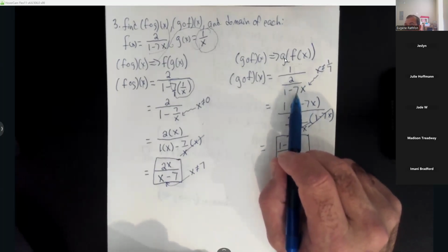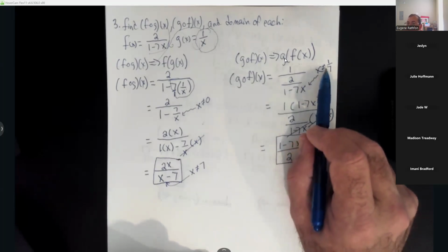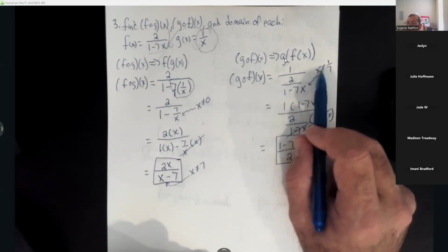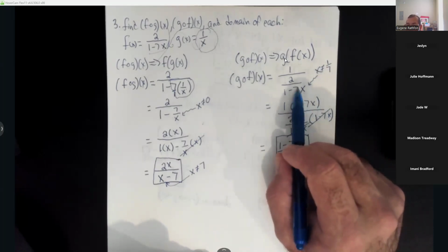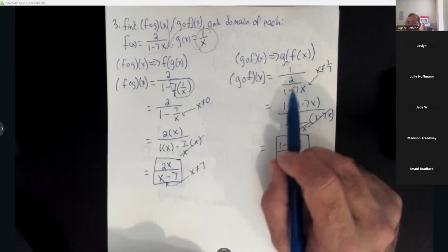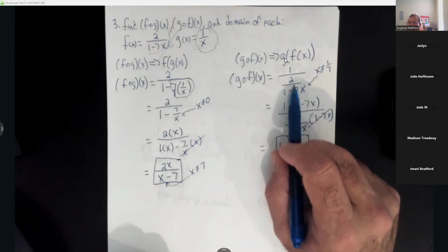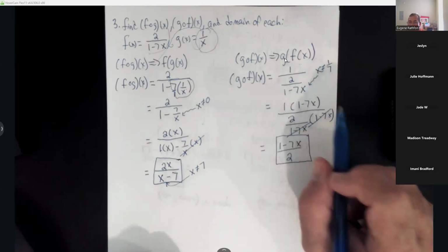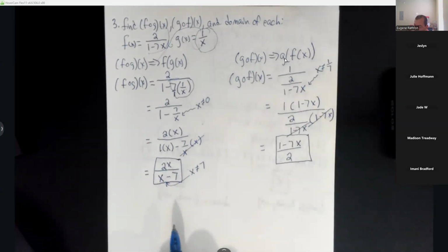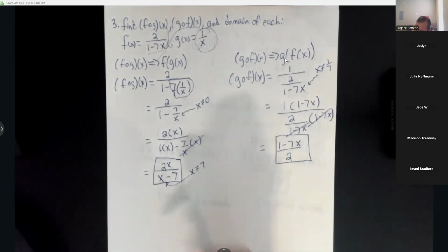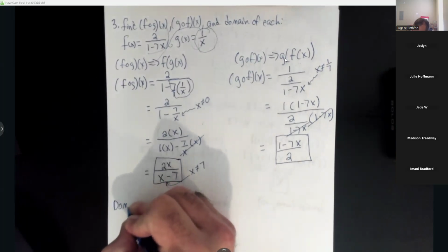So, if your number's like mine, a 7, then the x cannot equal a 1/7. If you have a 5 here, then it's going to be a 1/5. A 3 here, then it would be 1/3, okay? Your fraction will match your number out front under a 1. All right, so this is what it wanted for f of g of x. This is what it wanted for g of f of x. Now we got to do the domains.